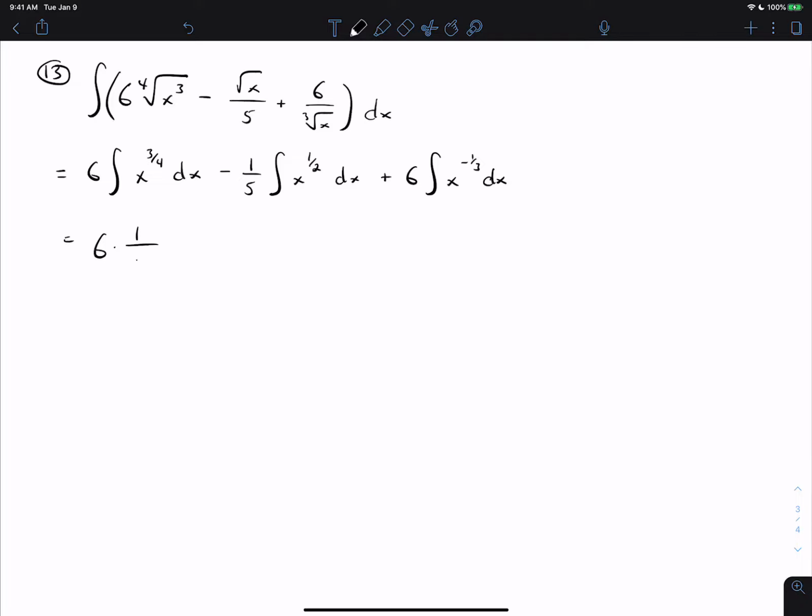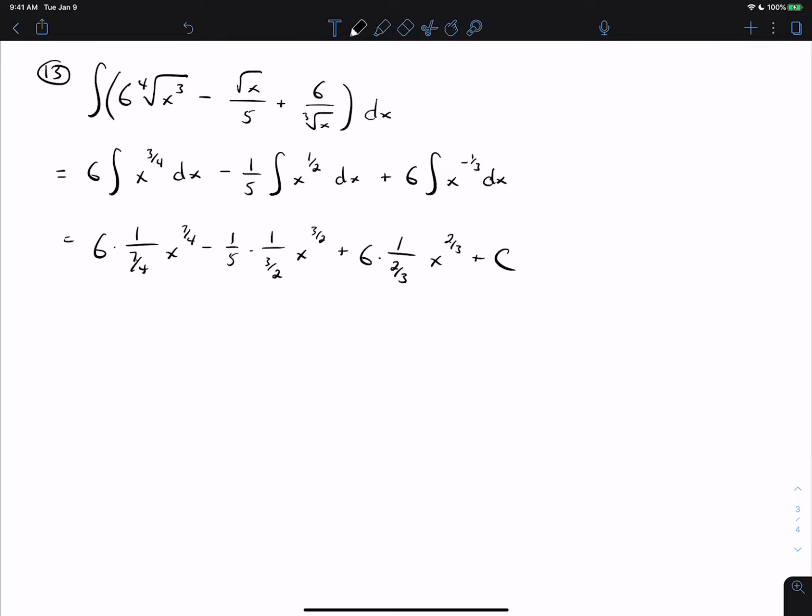Applying the power rule to these, we get 6 times 1 over 7/4 x to the 7/4 minus 1/5 times 1 over 3/2 x to the 3/2 plus 6 times 1 over 2/3 x to the 2/3 plus c.